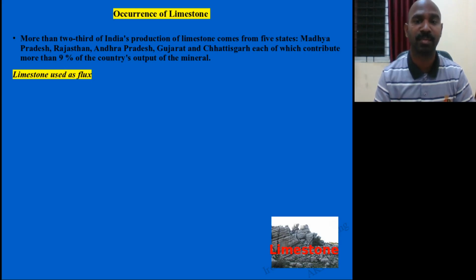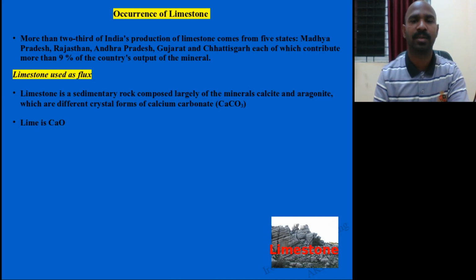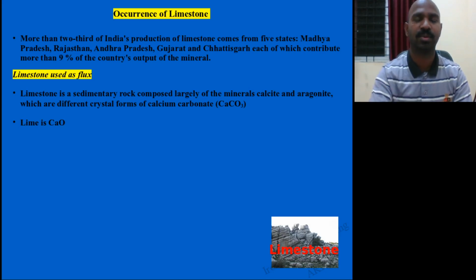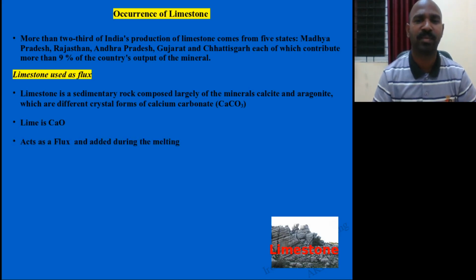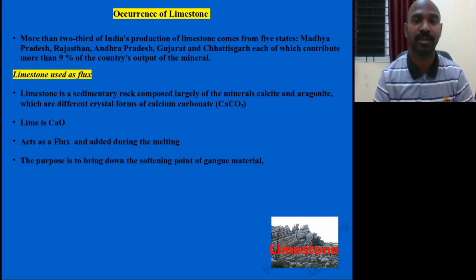Basically limestone, CaCO3, is used as a flux. It is found as a sedimentary rock along with gangue materials, such as the minerals calcite and aragonite, and it is further dissociated into lime, that is CaO, which acts as a flux. During the melting stage it is added, that needs to be noticed.